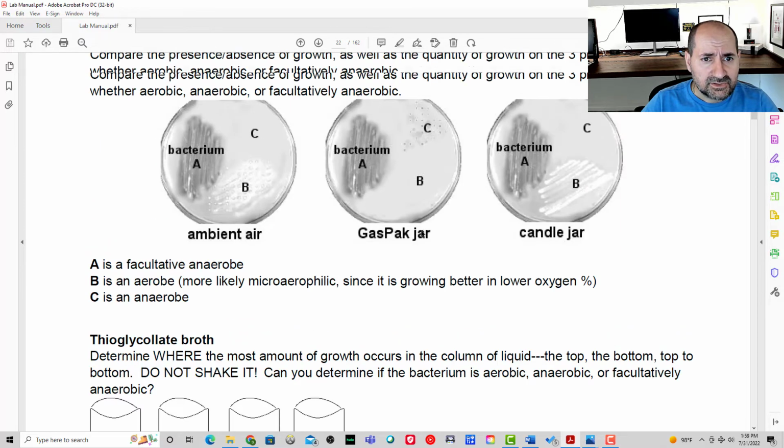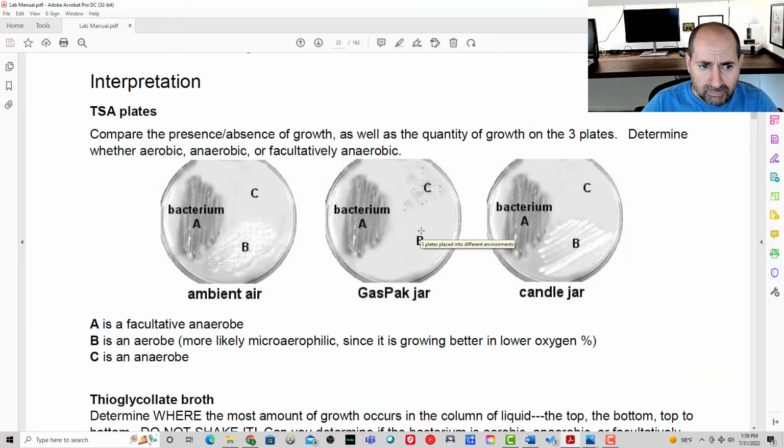Another thing is when you look at the results of your plates, remember, you could get questions like, is this a strict aerobe, a strict anaerobe, or is it a facultative bacterium? Remember, you would look at all three plates, and let's say your bacterium is A, the bacterium A here.